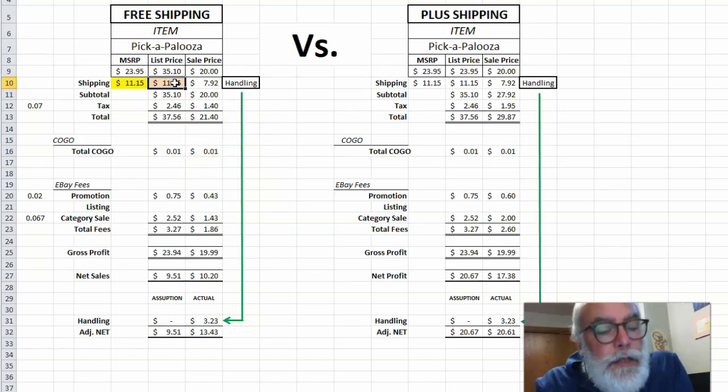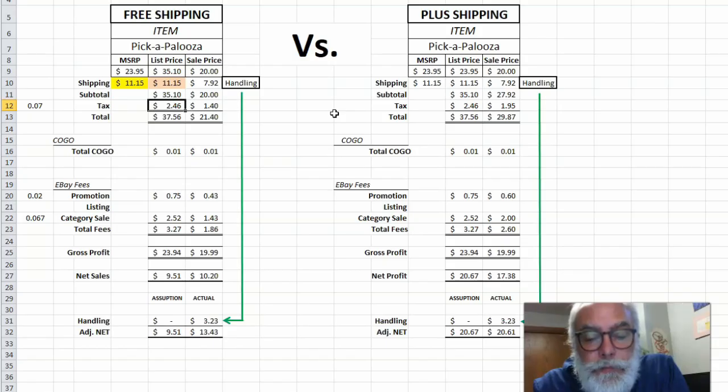The reason that this doesn't look quite right is because when we use the highest number for the shipping, well, that increases our tax amount, which increases our total, which increases our fees.